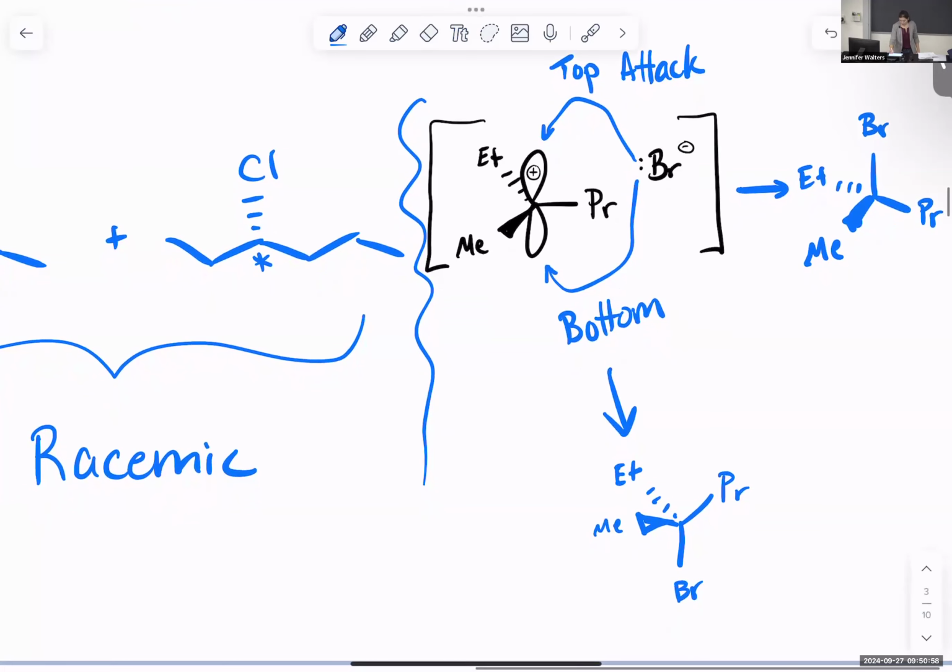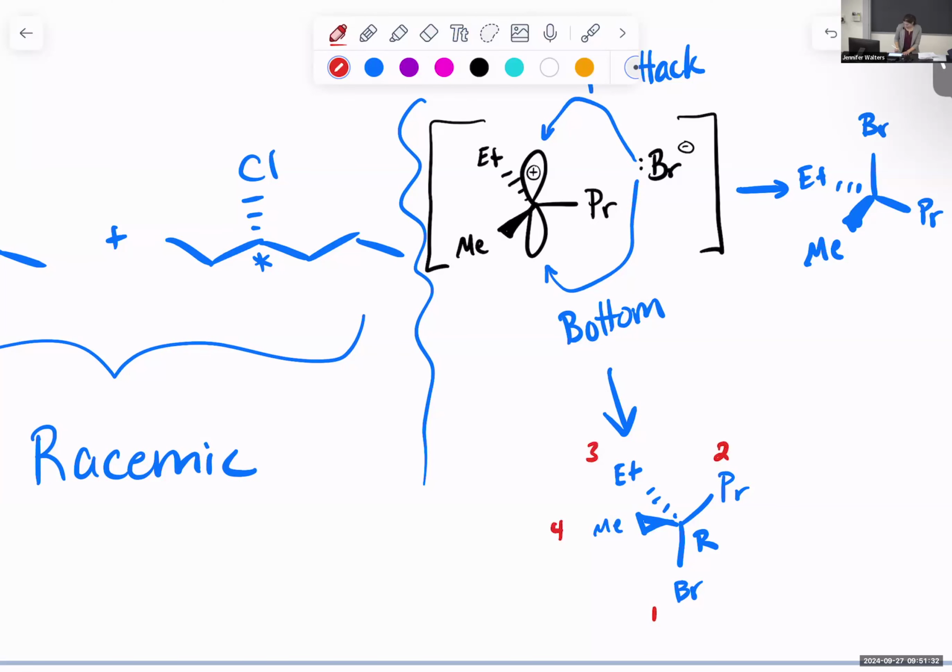For a quick review, is this R or S? Now my brain isn't working. It's coming out at me, that's going down. Yeah, it's R. It's 1, 2, 3, 4.